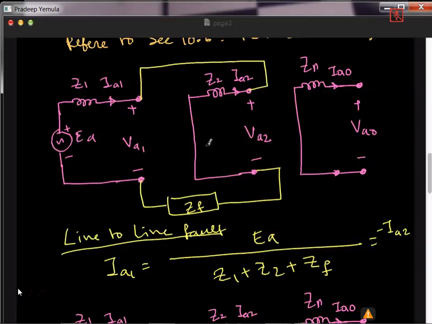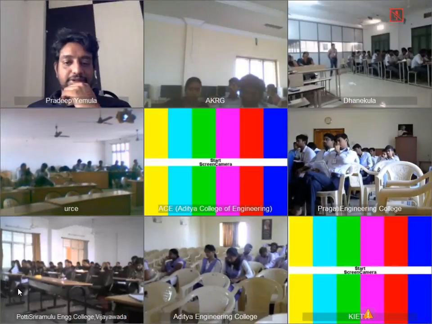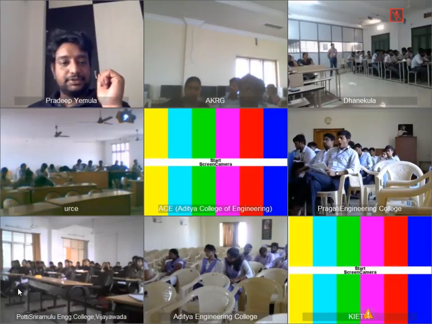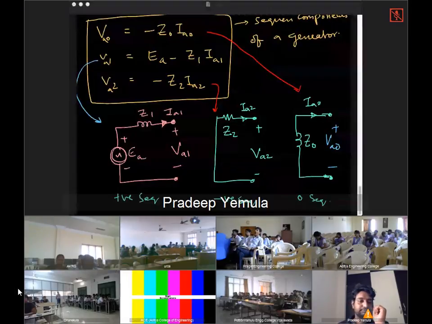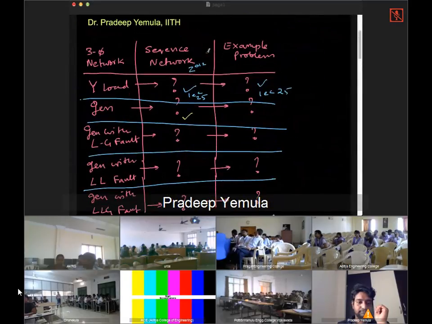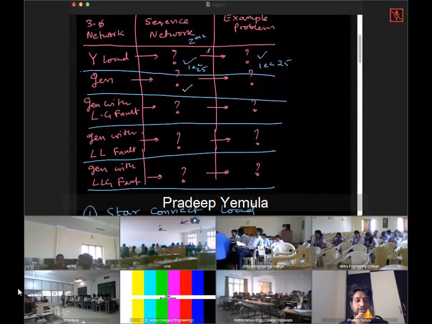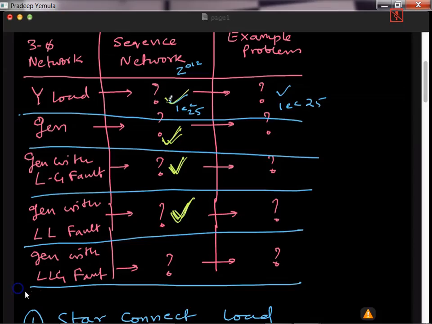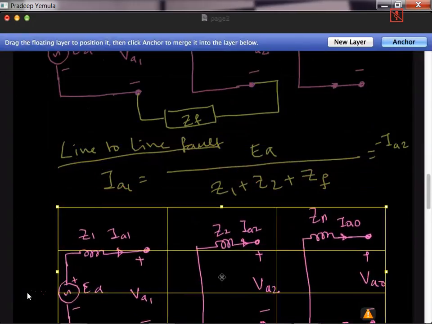So just to orient you, going back to our overall table, generator with LG fault, I just discussed. Now finally, what is the circuit for generator with LLG fault? This is what we are going to see now. So let me go back to my current page.